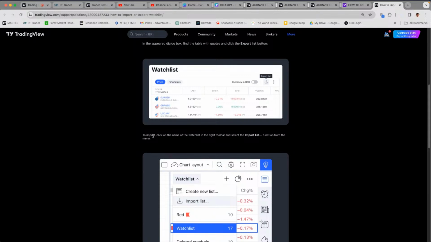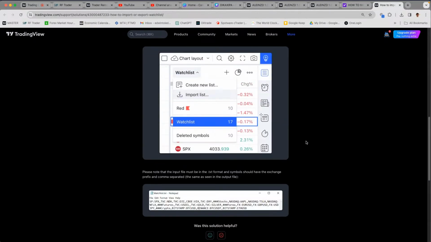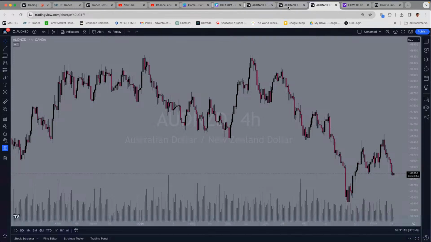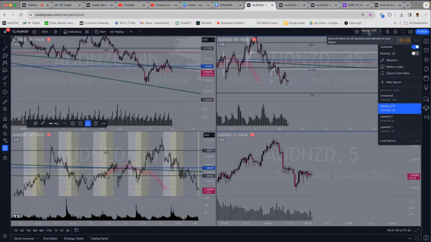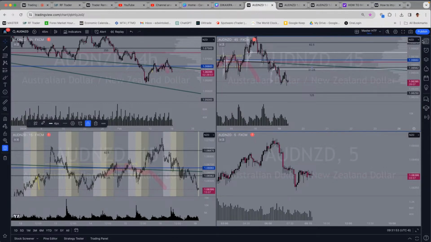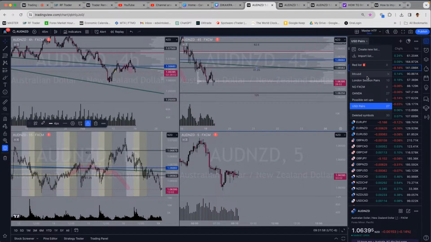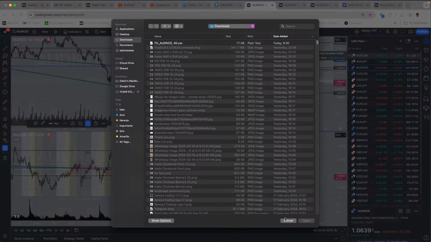To import, click on the name of the watch list in the right toolbar and select the import list. Oh, it's gonna import the list. But I don't think I wanna import the list. Right? Import list. Huh.